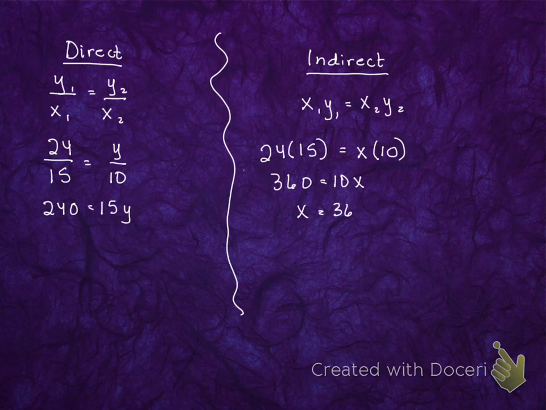Totally different equation. And we would get 16 workers, okay? So depending upon whether we're told it's direct or inverse, we'll also determine what version of the equation we have to use.